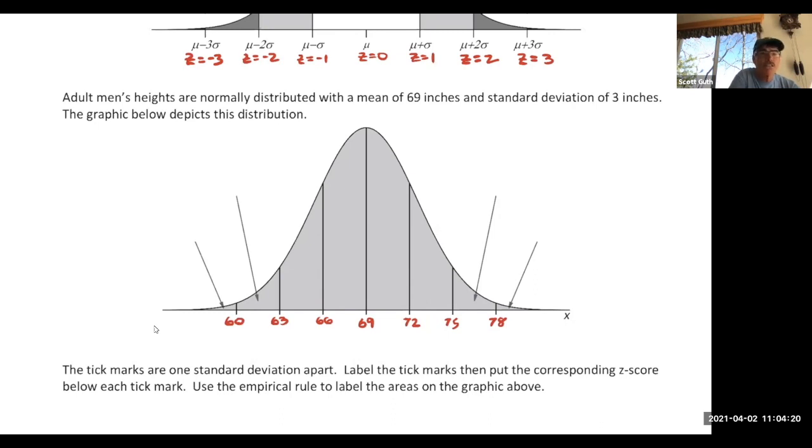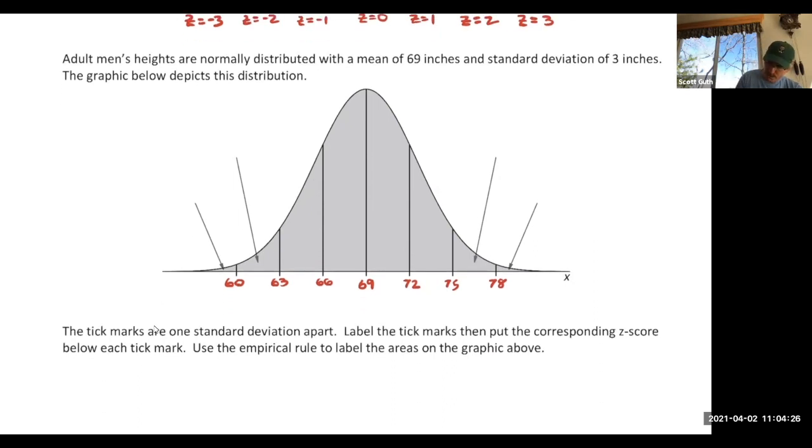It also says to label the z-scores here. So the z-scores in the center, z is 0 at 69. Okay, that's called standardizing when you switch to z-scores.